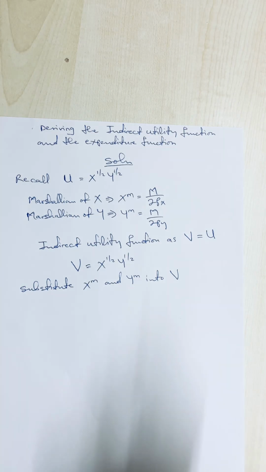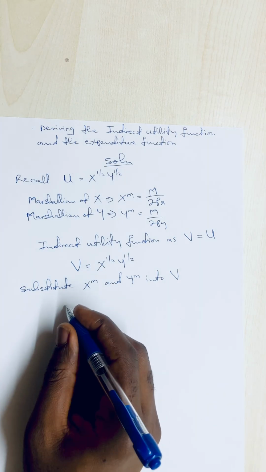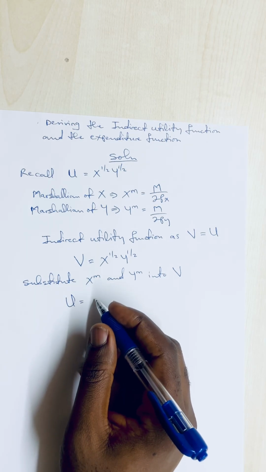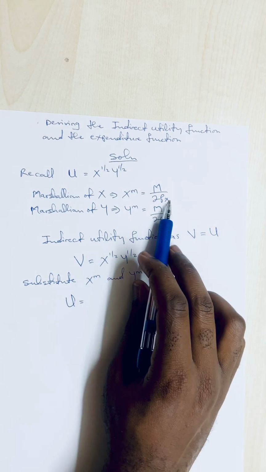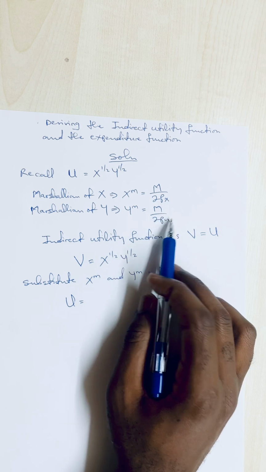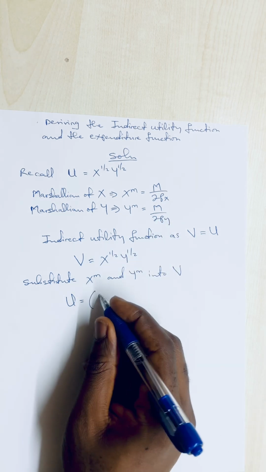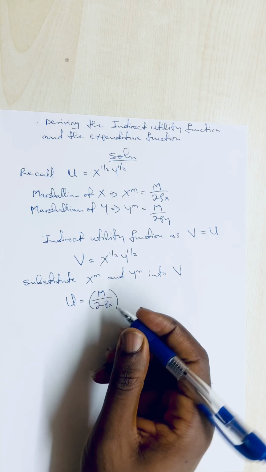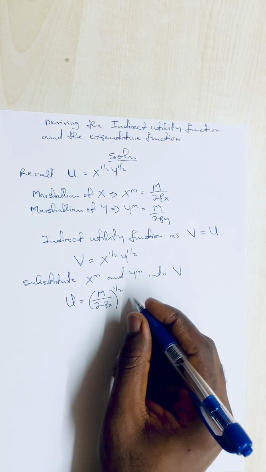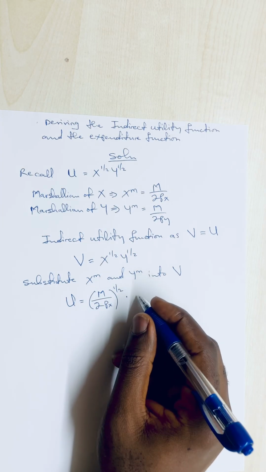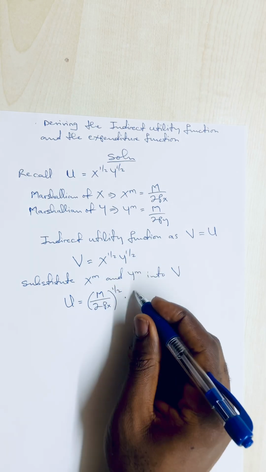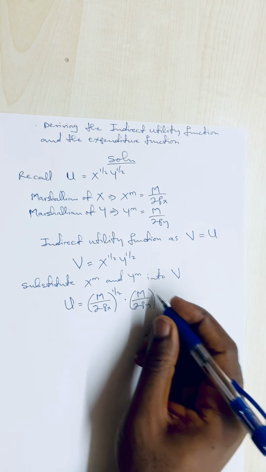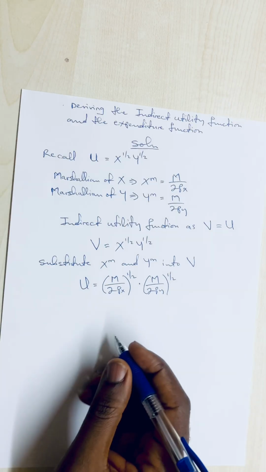So how do we do this? We call U is equal to X half. So instead of X, replace this because this is X Marshallian. This is Y Marshallian. So this gives you M over 2px, all to the half, times Y. Y is this. So this gives you M over 2py half again.